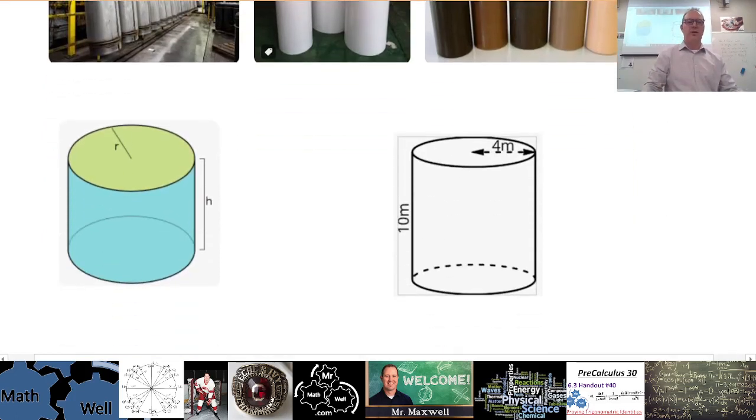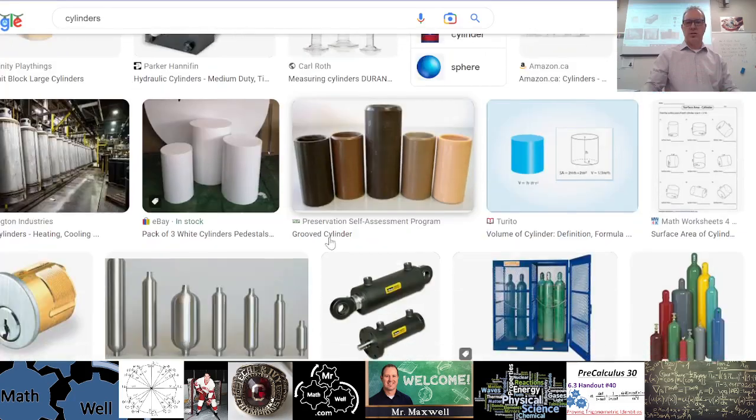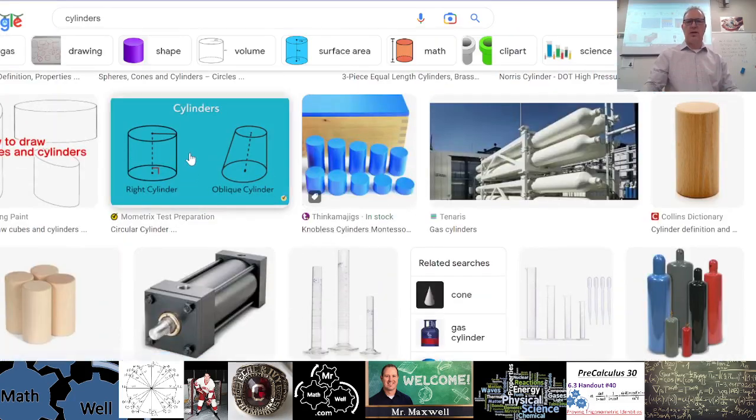A cylinder has a circle for a base, and it is extended upwards with an identical circle on the top. We're only going to be dealing with right cylinders, where the base or the top and the sides form a 90-degree angle. It's like a right circular prism, if you want to call it that.